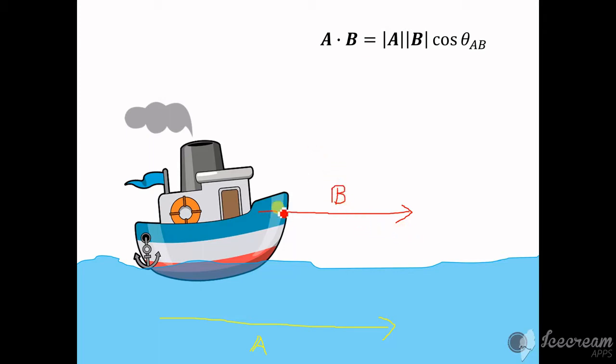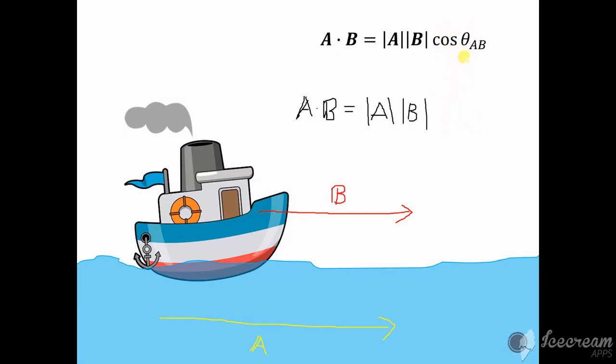Here the dot product between the flow of the river and the boat will be a dot b, and we have the above equation: the magnitude of vector a, which is the velocity of the moving water, and the second one is the velocity of the boat, and then cos theta.